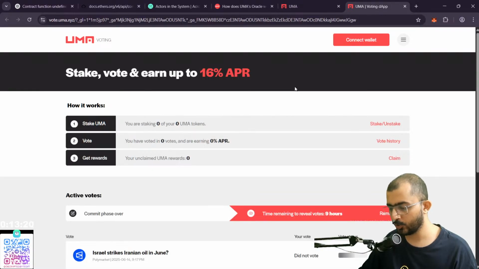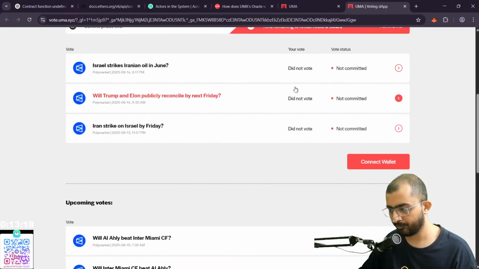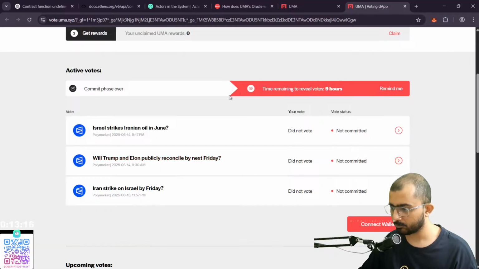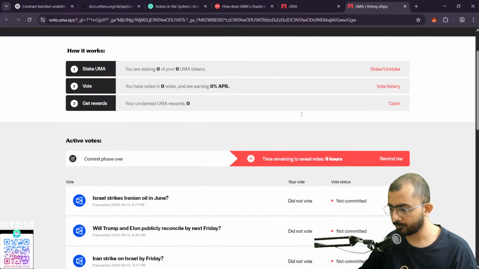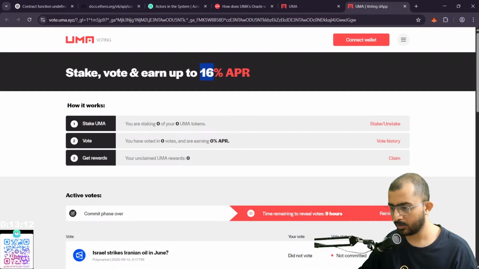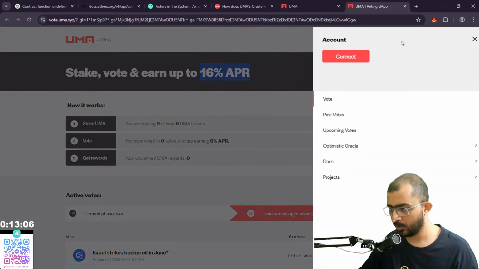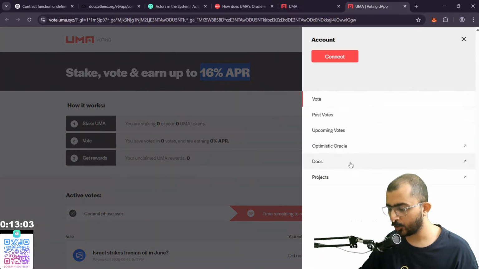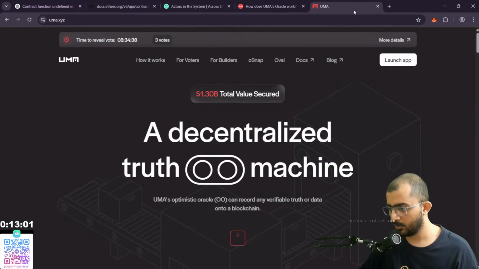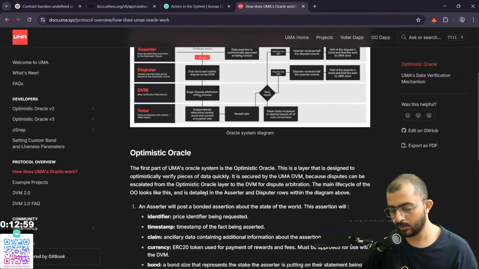So they are just open sourcing everything. 16% APR. That's a good number. But you have to be here, voting on things.